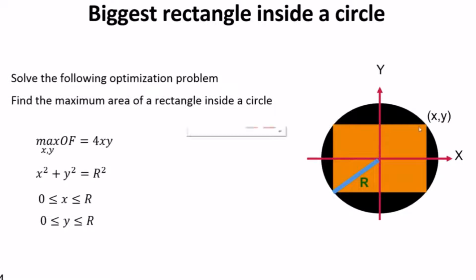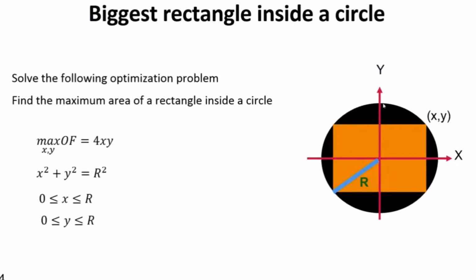This side is x, this side is y, and now we want to find out the area of the whole rectangle. It will obviously be 4 times one of these small rectangles, so 4 times x multiplied by y. You can see on this graph that x can move between 0 and r at maximum, and y does the same, moving from 0 to r.